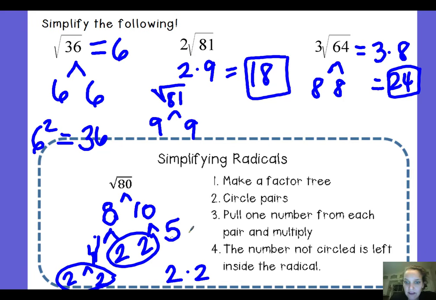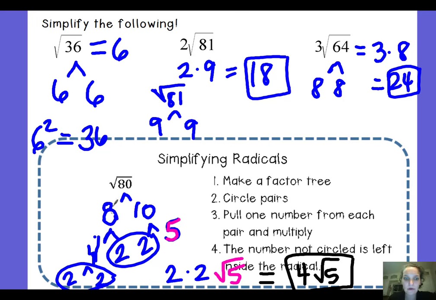But then a number that's not circled, so our poor 5, oh my gosh, it's so sad. Our poor 5 didn't have a buddy. Has to stay inside the radical. So that 5 cannot leave the square root. It has to stay inside. So now my last step is I'm just going to simplify it. 2 times 2 is 4 root 5. Square root of 80 simplifies to 4 root 5.